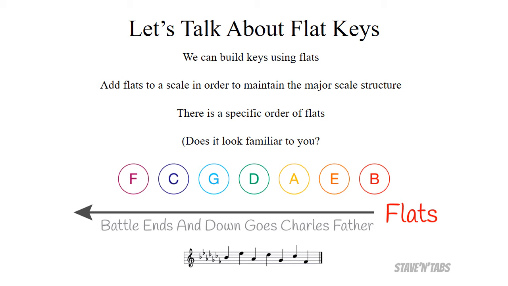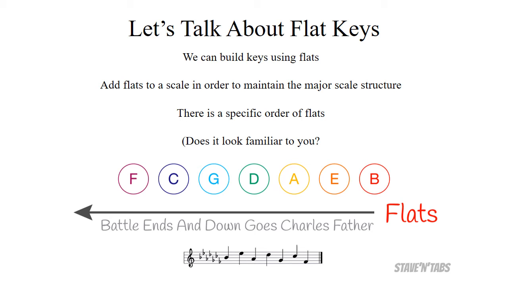If you're looking at this and it looks pretty familiar to you, it's because it's pretty much the same, except with the sharp key signatures, we would read it F to B, right? Here we're going to start at B and move down to F. So our order of flats is B, E, A, D, G, C, and F. So it's the same thing as the order of sharps, but it's just backwards.